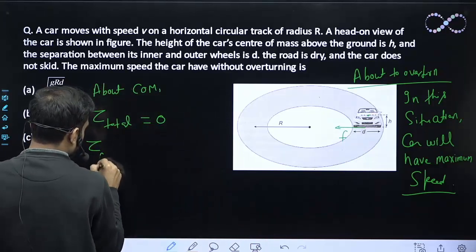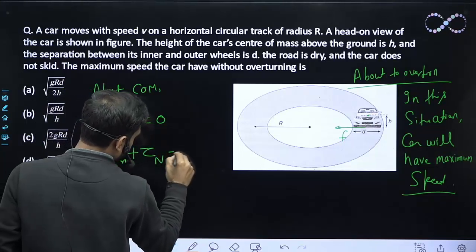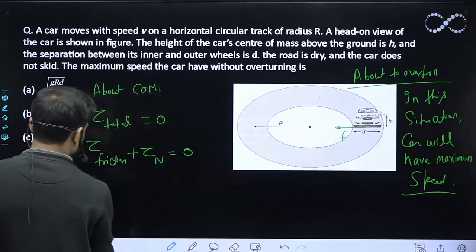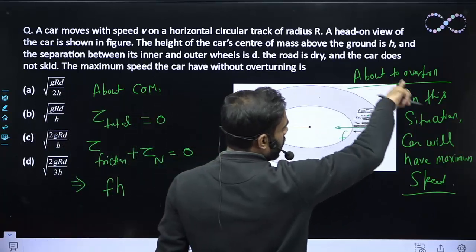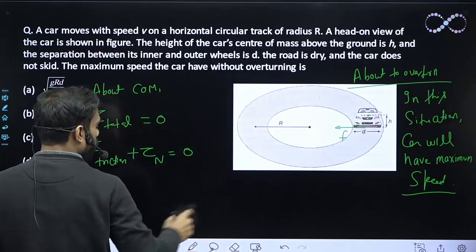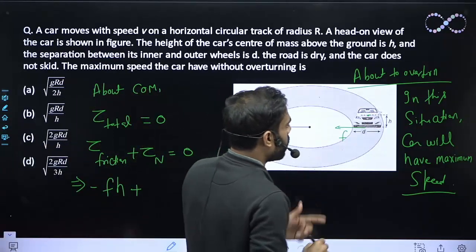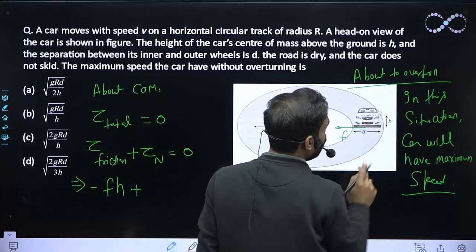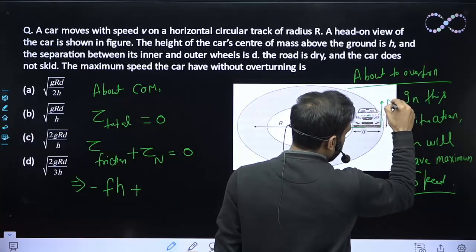So torque due to friction plus torque due to normal must be equal to 0. Torque due to friction is Fh, in the clockwise direction. I take clockwise as negative and anti-clockwise as positive. Since the car is about to overturn, the normal will pass through the edge like this.